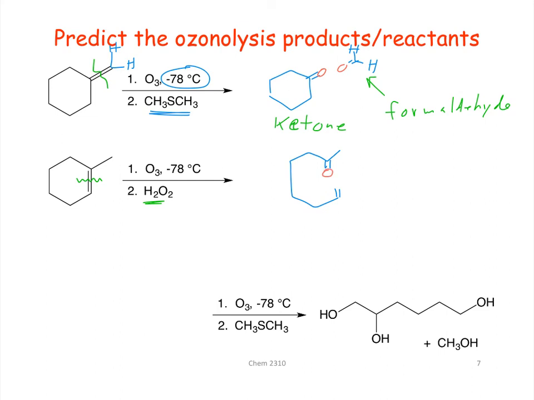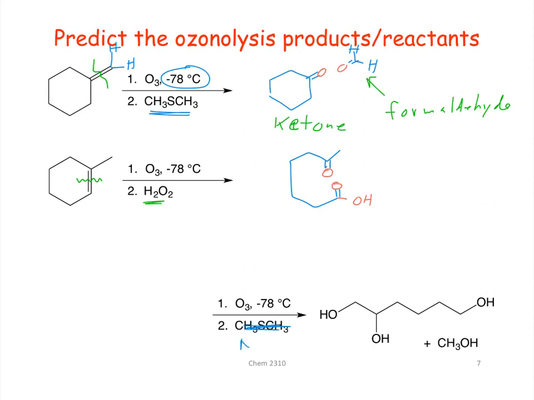We can put an oxygen here and an oxygen here, right? So the top one is a ketone, the bottom one is an aldehyde, so the aldehyde gets further oxidized. Right, so we get a ketone and a carboxylic acid.